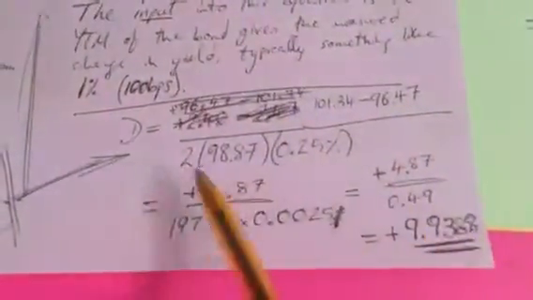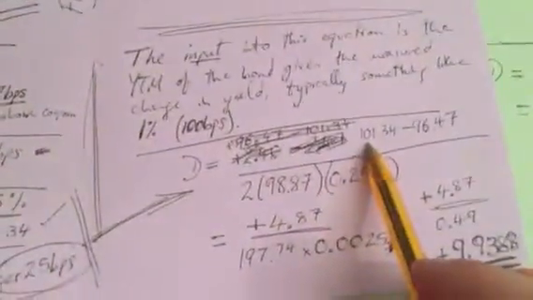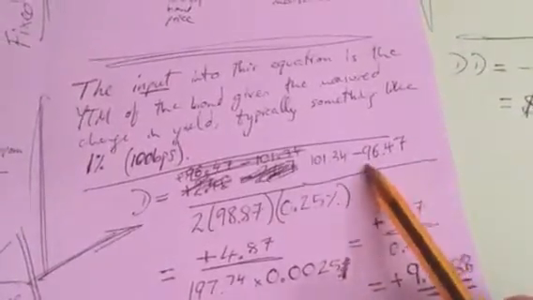Okay, so the duration, we're going to use this formula here. It's just going to be the new price if the yield goes down, so the appreciated price, $101.34, less the depreciated price, $96.47.